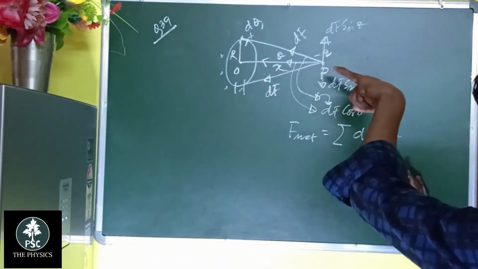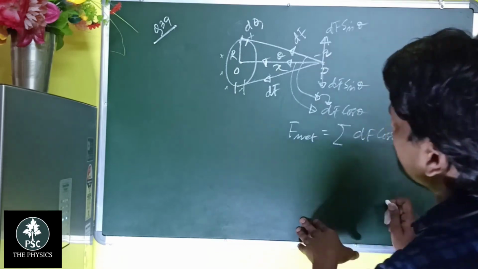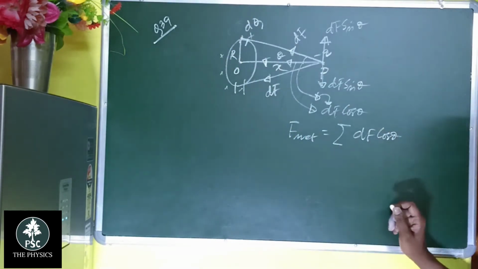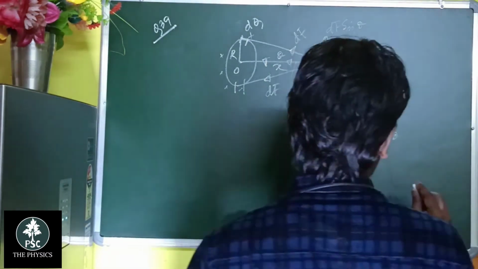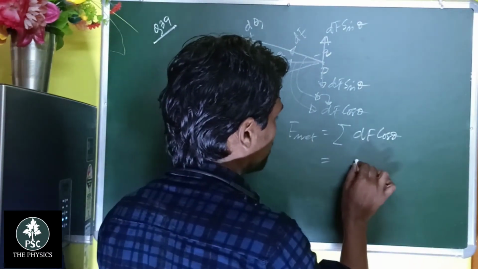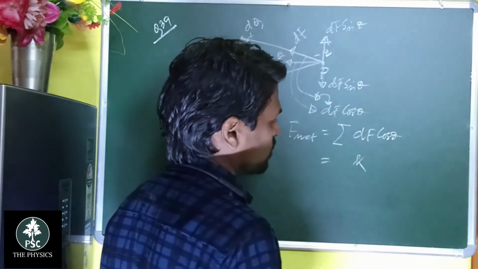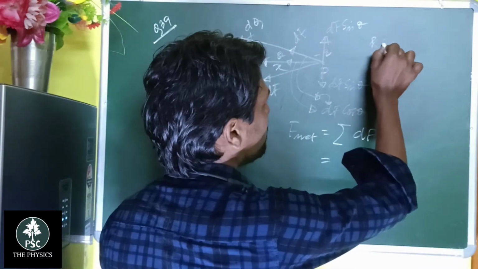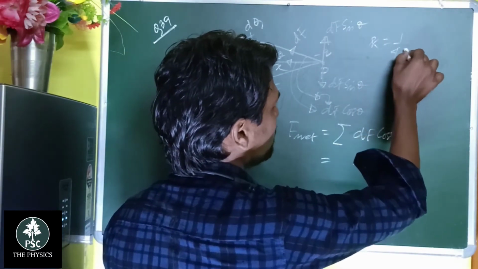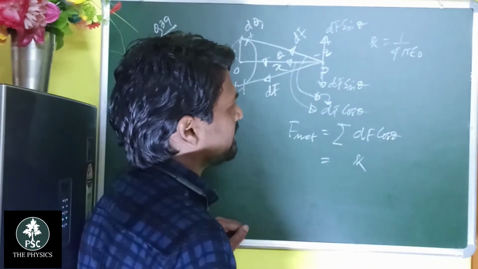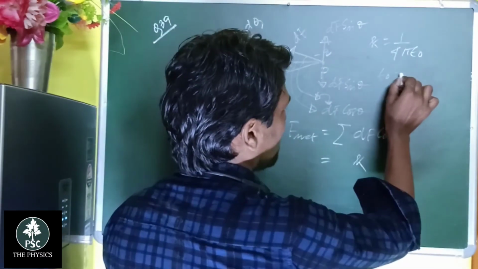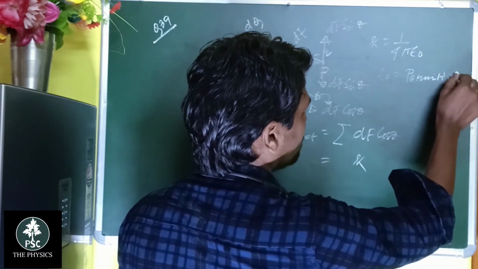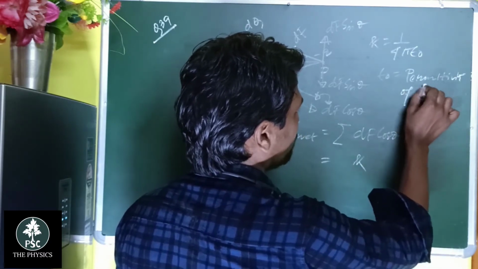So the net force along this direction, you have to apply it over all the elementary portions along this direction. So this is F net equal to the integral of df cos theta, where df, from Coulomb's law, we know that kappa is a proportionality constant, that is kappa equal to 1 by 4 pi epsilon naught, where epsilon naught is the permittivity of free space.